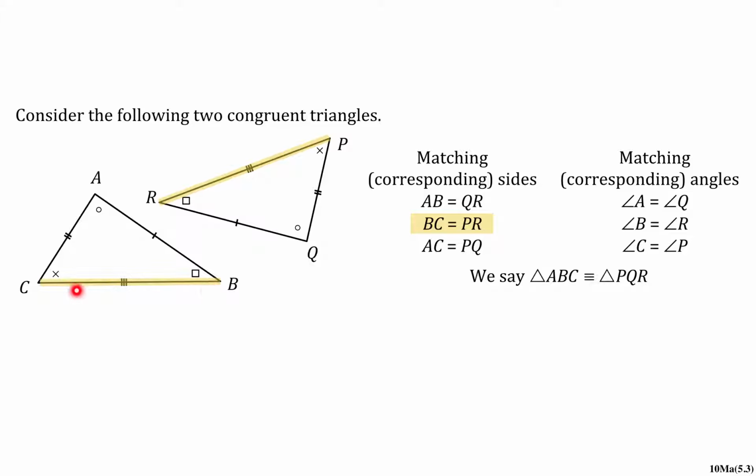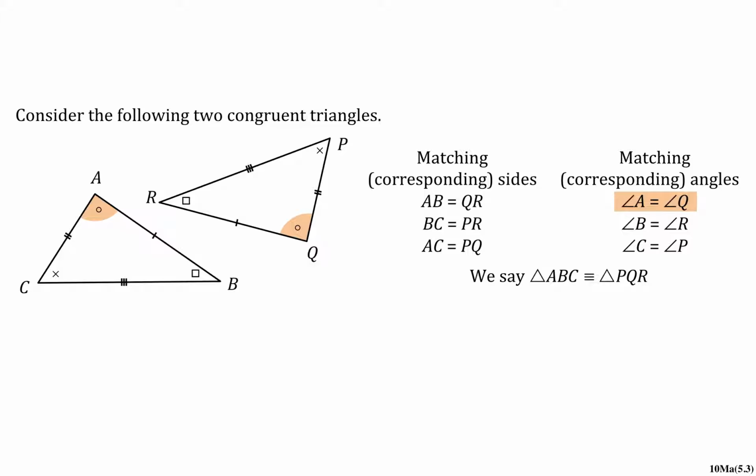So we've got this side here going from B to C, or you could say CB, it doesn't matter. And this side here, P to R or RP, they're equal to each other. Those two sides match with each other or correspond with each other. And our third side, the side with double dashes, they're equal to each other. So AC and PQ match up with each other. They are matching sides or corresponding sides.